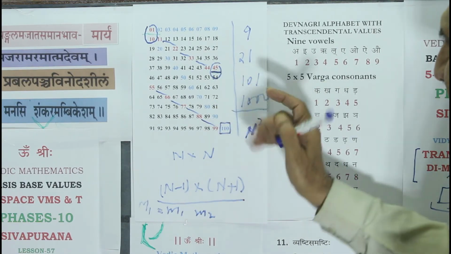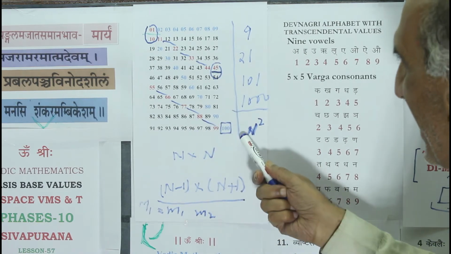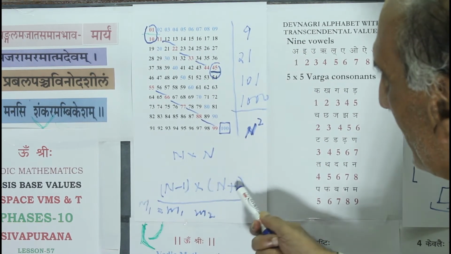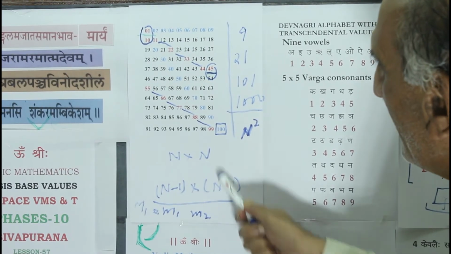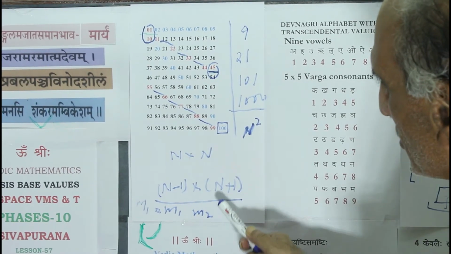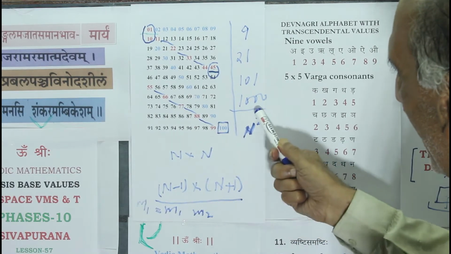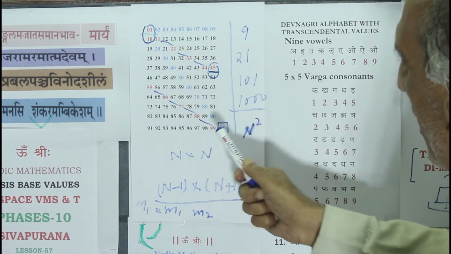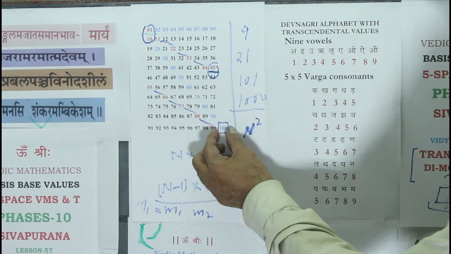It transcends, it goes ahead of this grid. So the n minus 1 into n plus 1, 9 into 11 grid, transcends out n square. Therefore n square goes out of this organization format, and it is the essential feature.